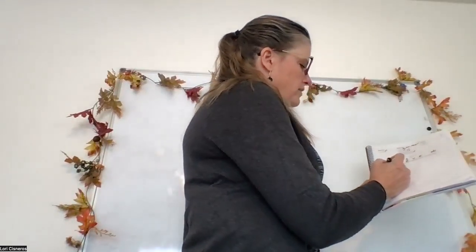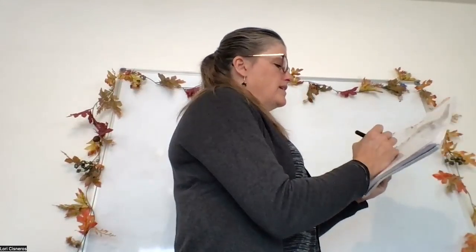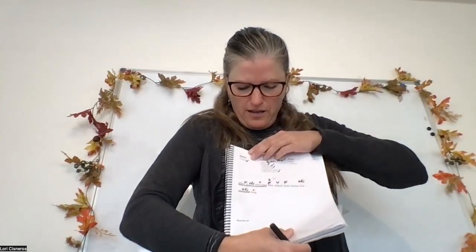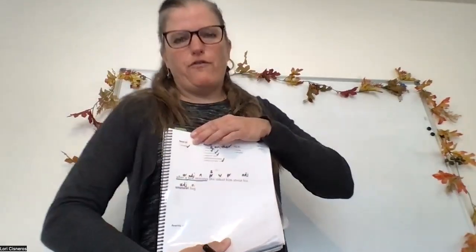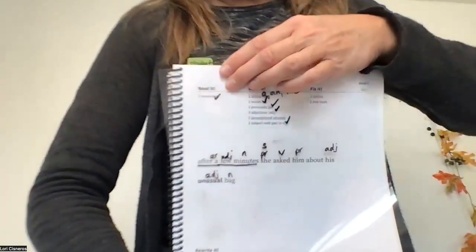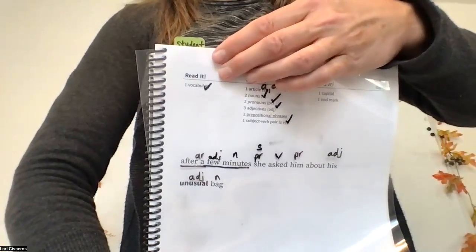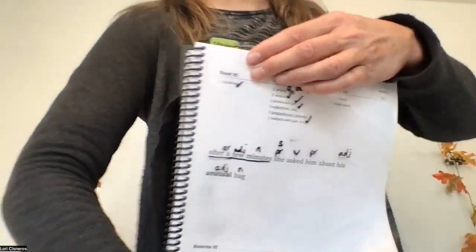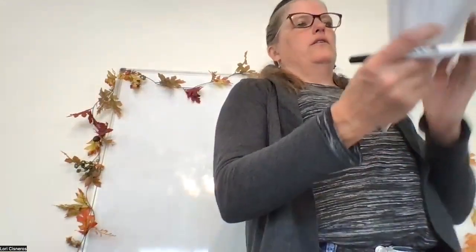Stop at minutes. After a few minutes. That is the prepositional phrase because you start on the preposition after and you end on either a noun or a pronoun. You just need to underline it. That's how you label it.